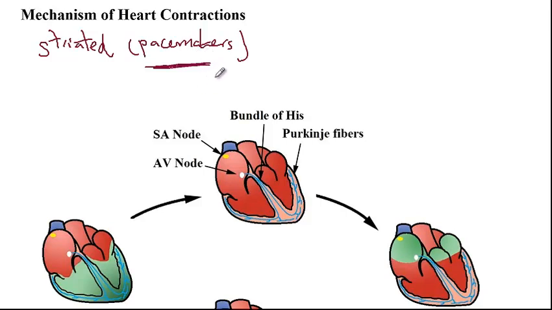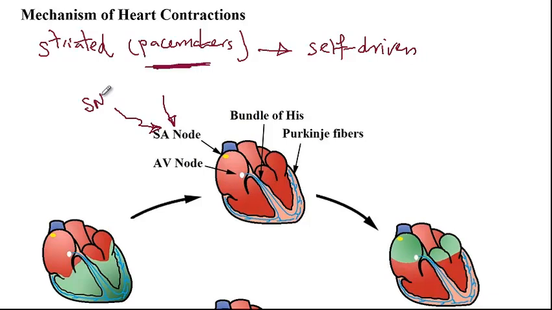Pacemakers are specialized cells or tissues that produce action potentials by themselves. So if you cut all connections to the heart, since the heart contains its own pacemakers, it will continue to beat. It's because of the function of the pacemakers. Therefore, cardiac contractions are self-driven.